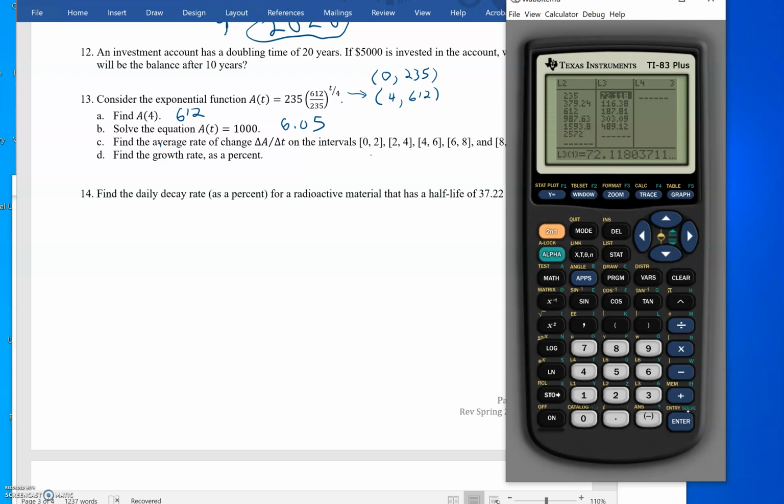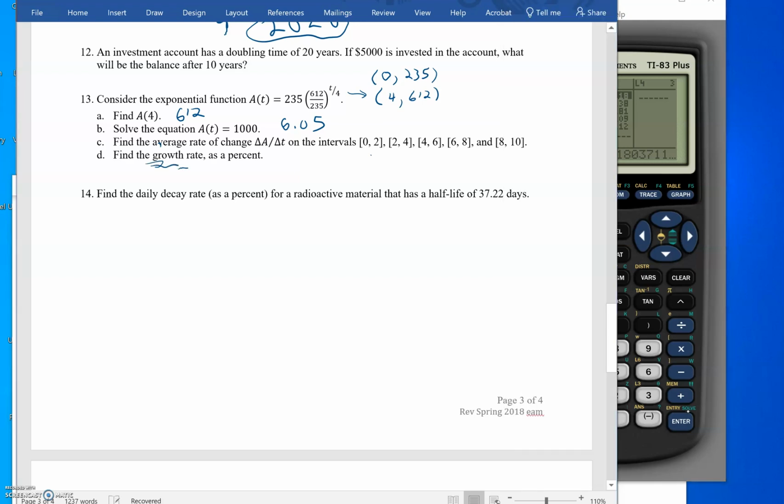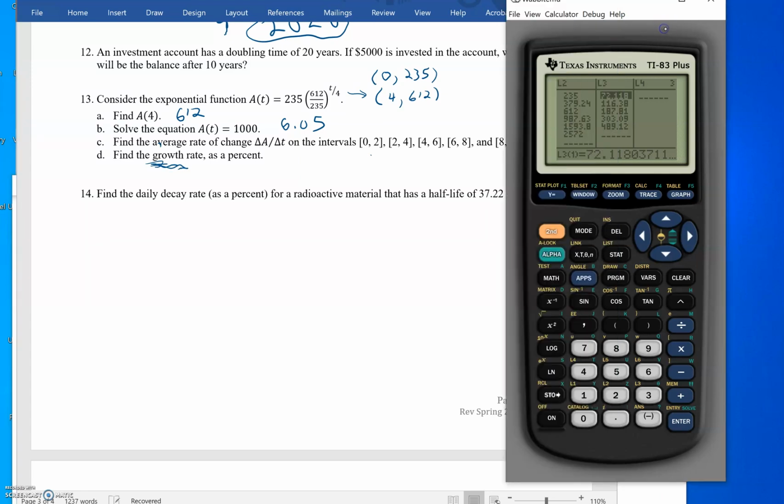All right, let's go into part D. Find the growth rate as a percent. So this one's a little bit more tedious because we can't immediately read the growth rate off of this. We have to do a little algebraic finagling here to get it. But what the growth rate is, it's this: 612 divided by 235 raised to a power.